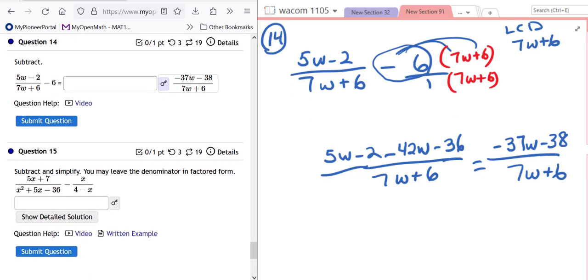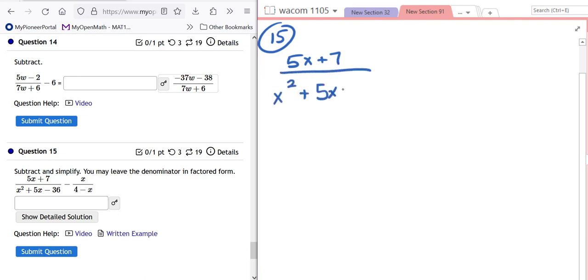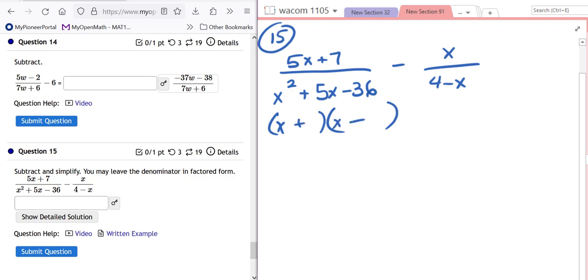Let's go ahead and do that 15. You're going to be able to do opposites, I think, there. But we only practiced with 1. So we need to factor on this one, and that will give x's different signs, and we can use 9 and 4.